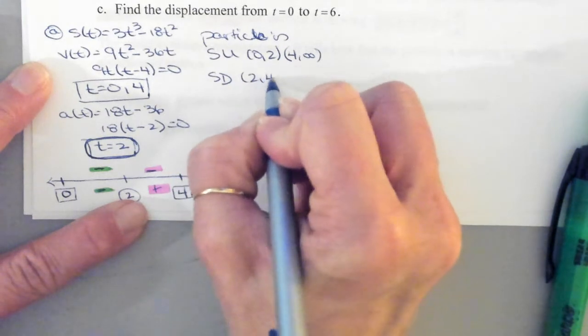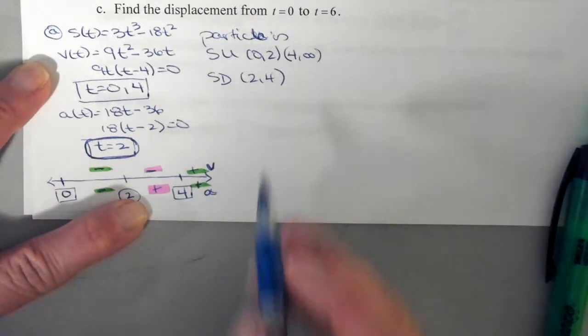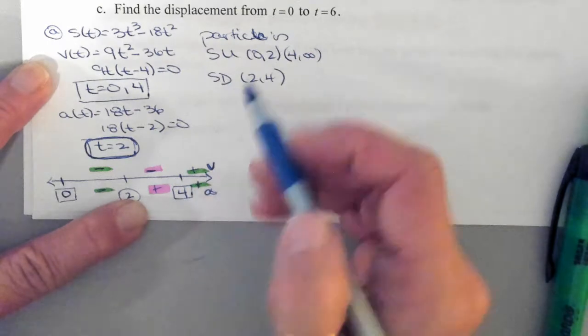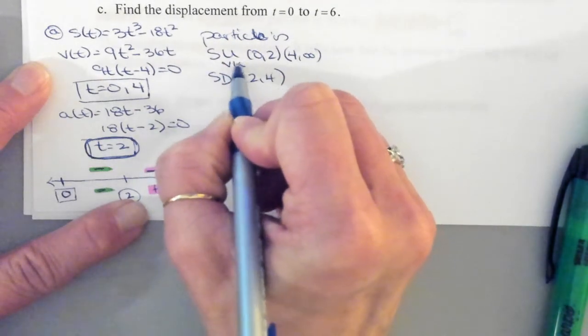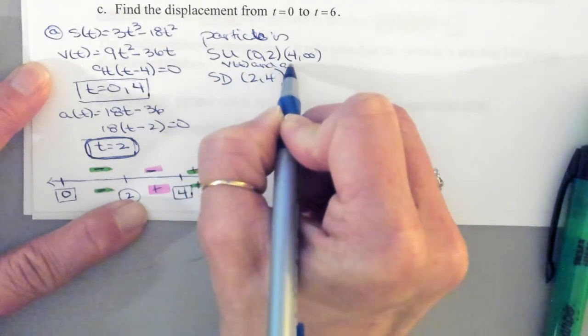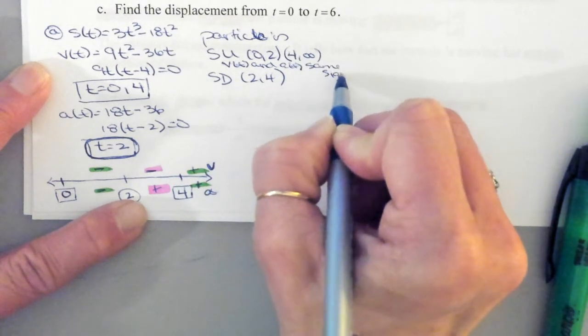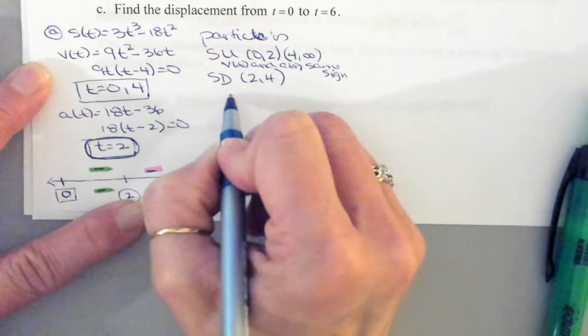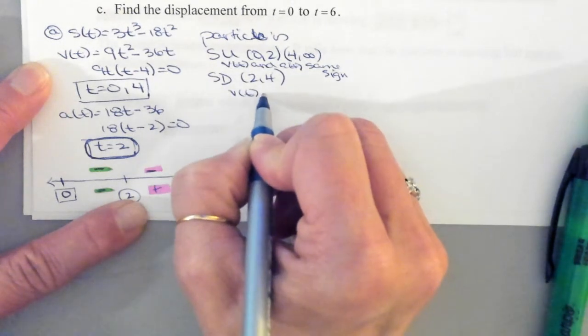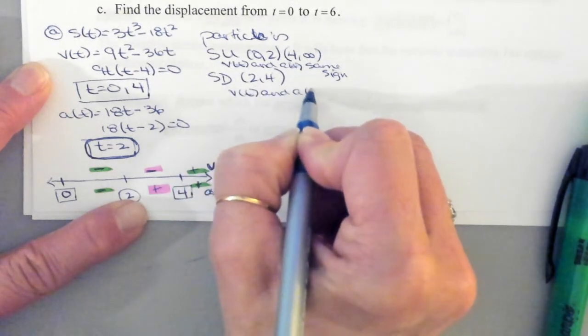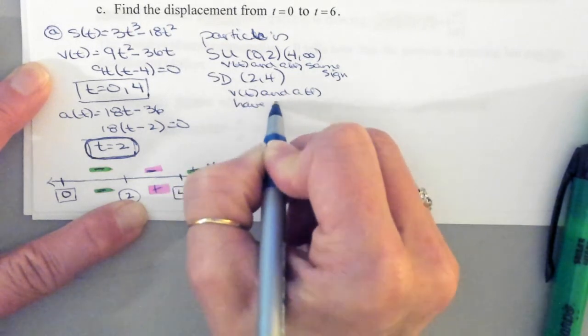If you had to give justification for speeding up, you would say that velocity and acceleration have the same sign. For slowing down, velocity and acceleration have opposite signs.